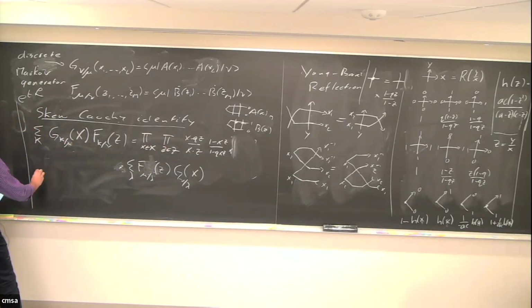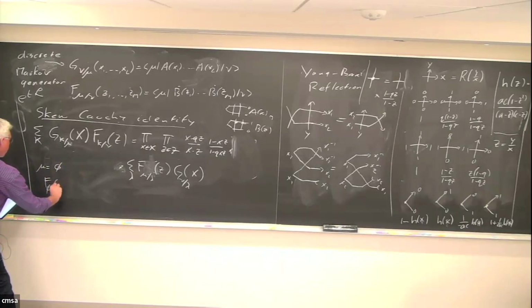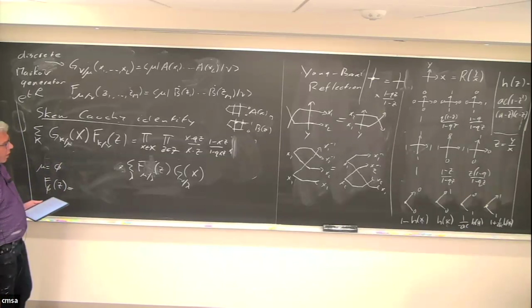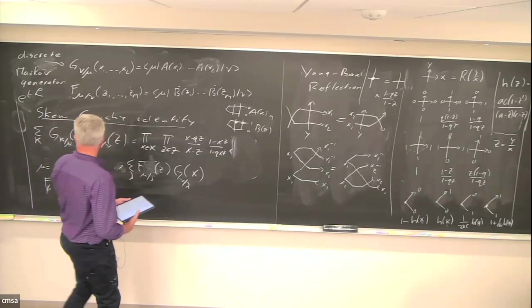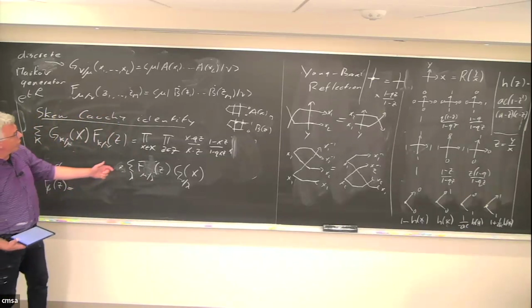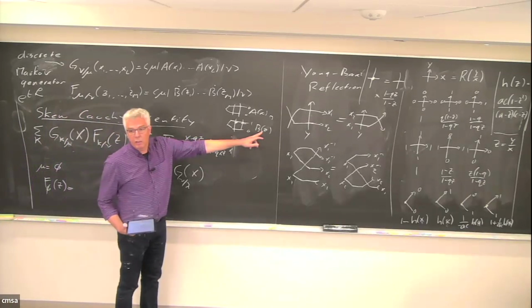There's a special case, if mu is the empty initial condition, then f of empty z really only consists of these b dot operators.